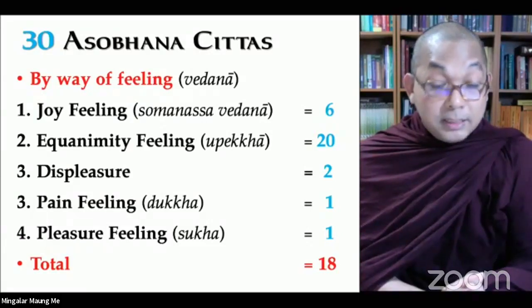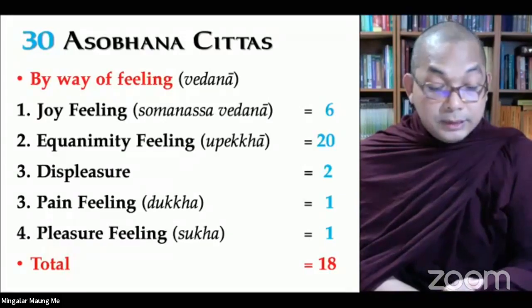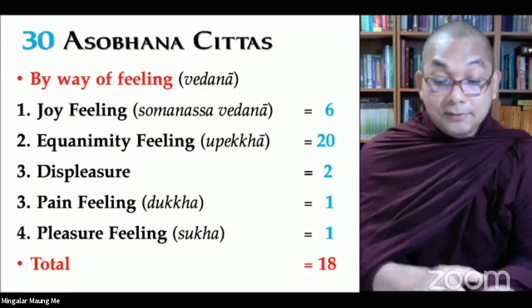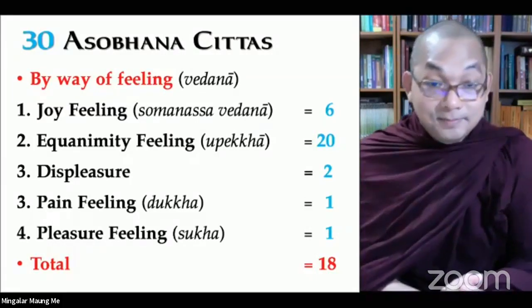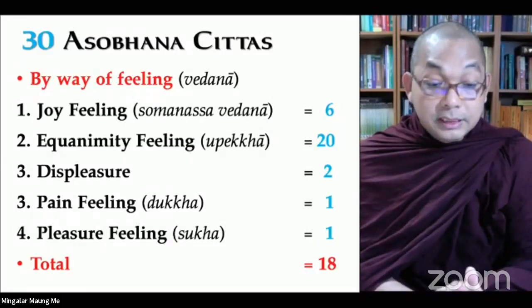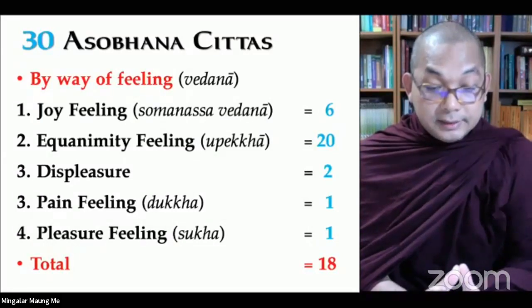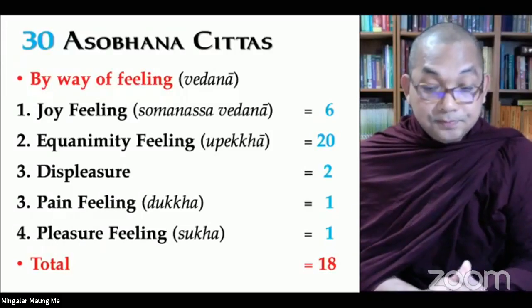We have only 1 pleasure feeling in ahetuka chittas. Altogether 30. Sorry, I forgot to change the number. Yes, total 30. Thank you. So these are the 30 asobhana chittas. By way of feeling, I think you need to know this one.